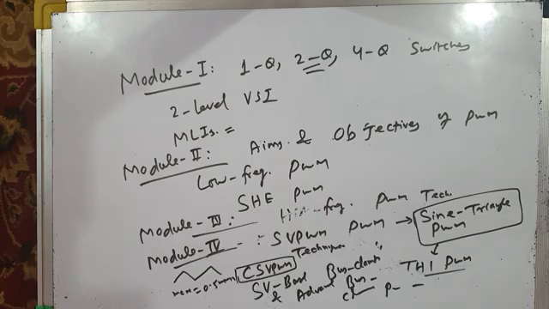Then I also discussed with you overmodulation. First we discussed overmodulation from sine triangle PWM perspective, then from space vector PWM perspective. And we have seen how we can implement these overmodulation techniques in sine triangle PWM methods and in space vector PWM methods. That overmodulation was covered in about 3 lectures.